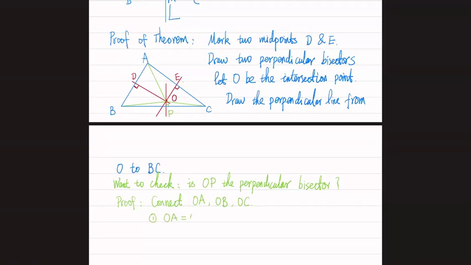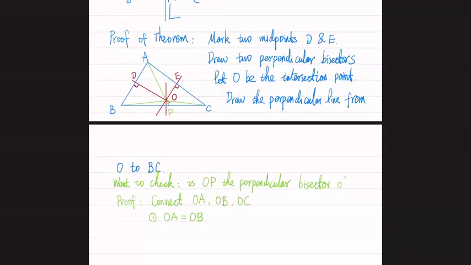Question. Yes, why would you call OP the perpendicular bisector of the two others? You mean here? Yeah, you said the others. Okay, that's a very good point because I didn't say something implicitly of BC.